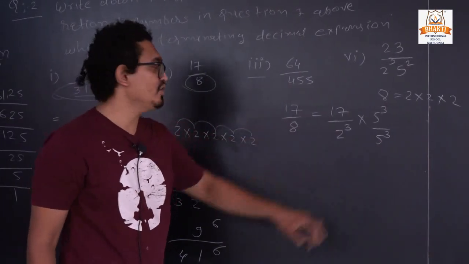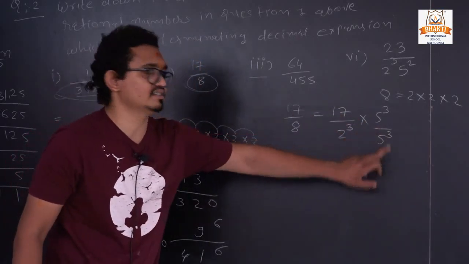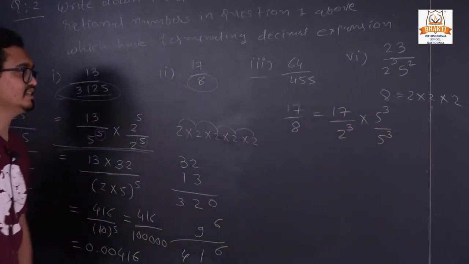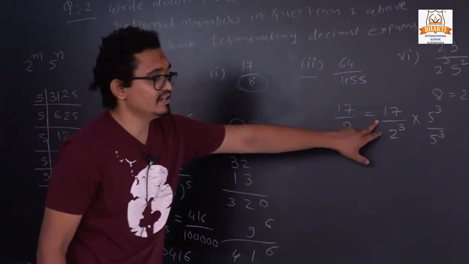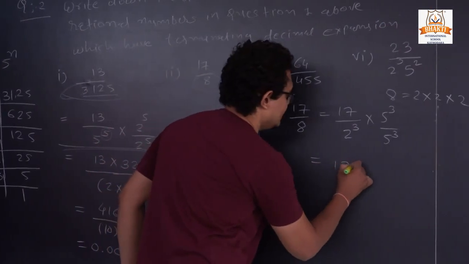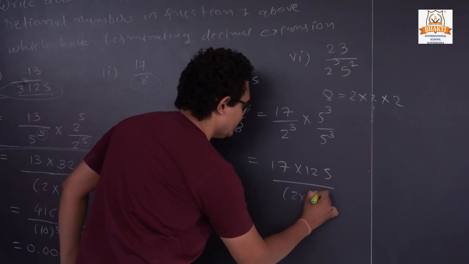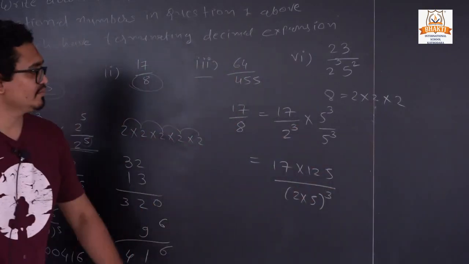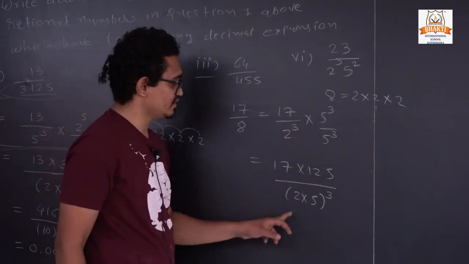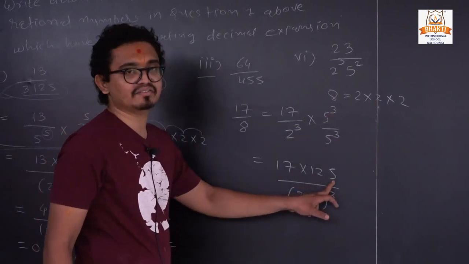If we have both, first of all we make the power the same. After making the power the same, we can convert that rational number into the decimal form. Now 17 into 125 upon 2 into 5 all raised to 3, because once again both have the same power, and 5 raised to 3 means 125.